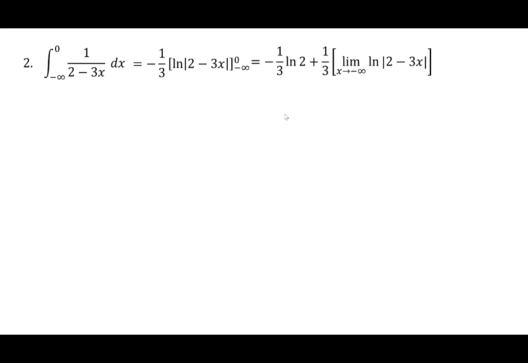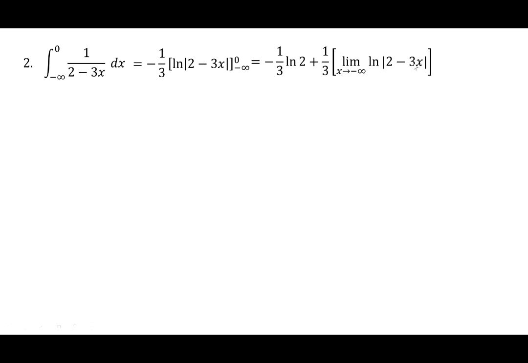Okay, what happens to this limit? Well, 2 minus 3 times a large negative number. That's going to be 3 times a large negative number. Just give yourself a million for simplicity. So 2 minus negative 3 million, or 2 plus 3 million.